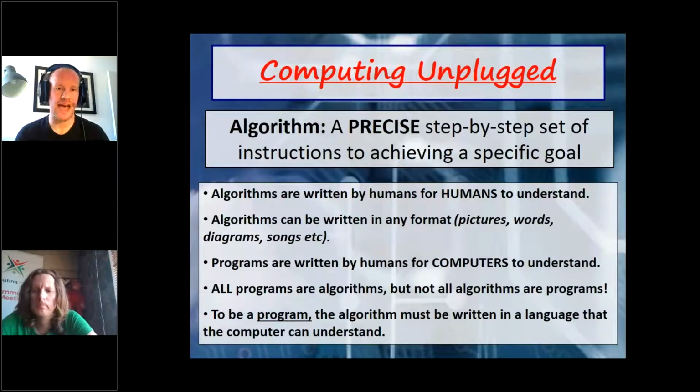So to me, this is the essence of getting primary computing right. And before we dive into unplugged activities, before staff start bandying about words like algorithms and program, because I tend to find that often staff don't really know the difference.